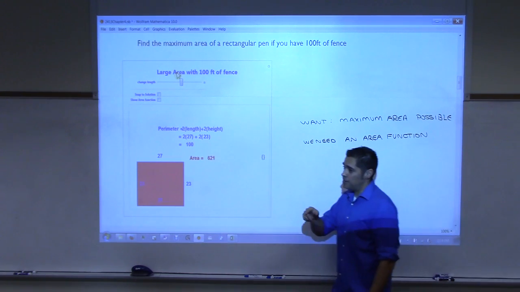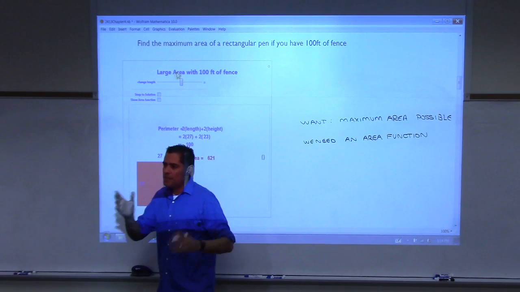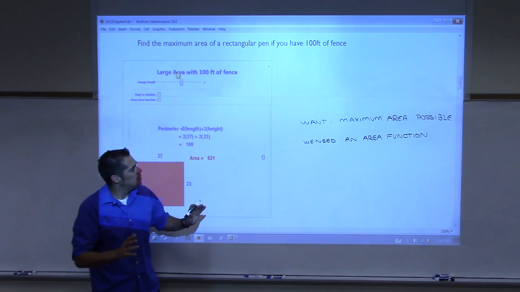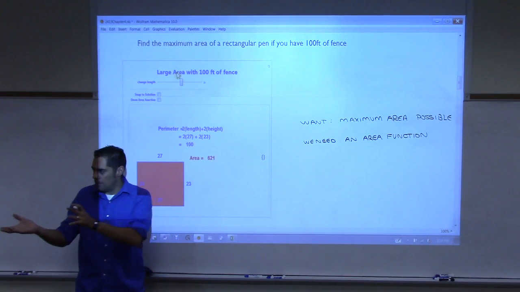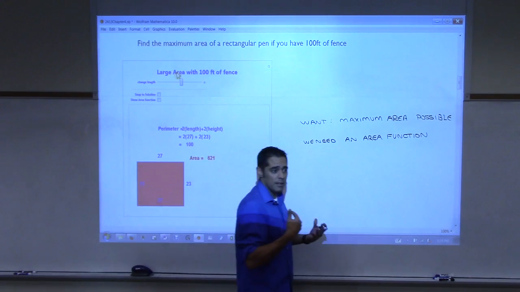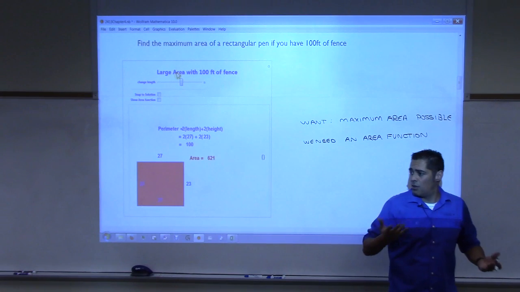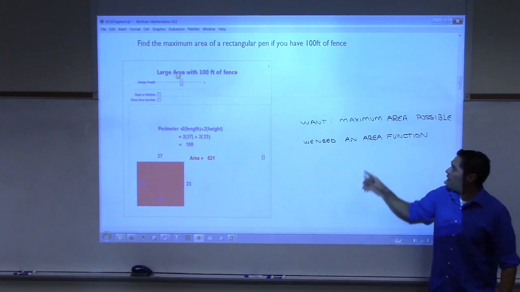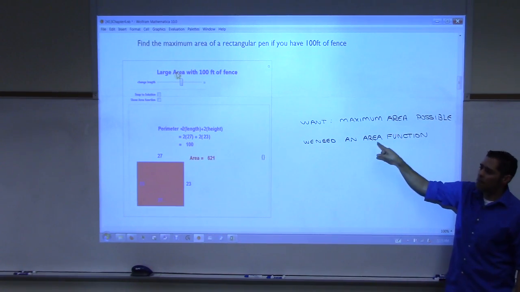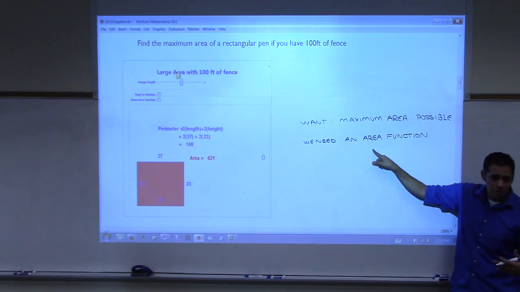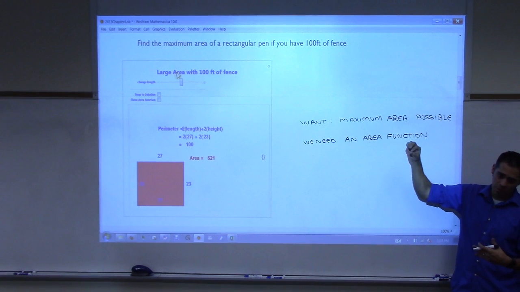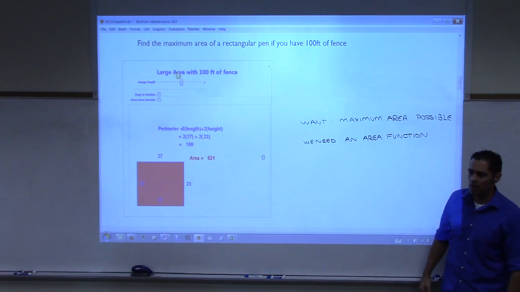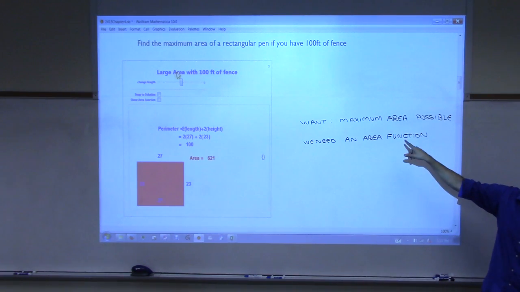Because with the graph of it, we'll be able to pull the highest and lowest points off of it. So if I want the maximum area, if I can somehow come up with an area function, I'll be able to find the highest point on that area function, right? The highest point or lowest point, depending on what it is we want. Here it would be highest because we want maximum.